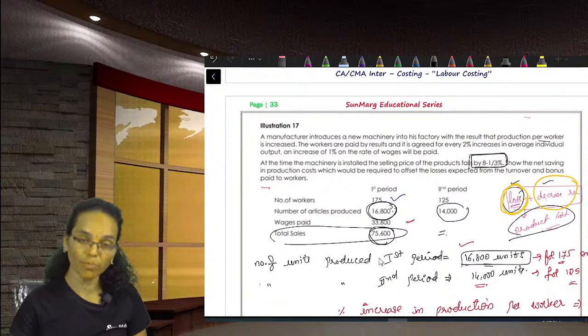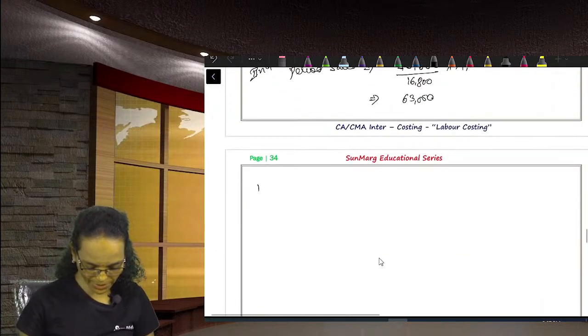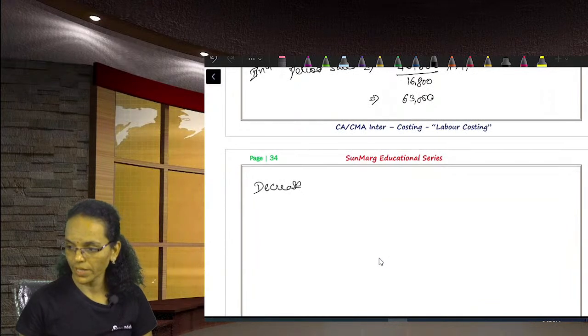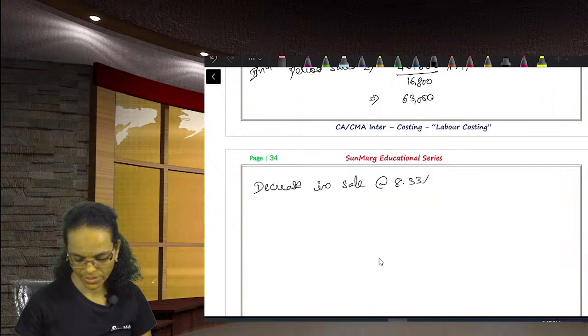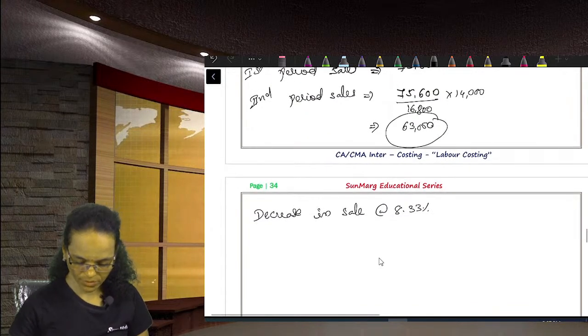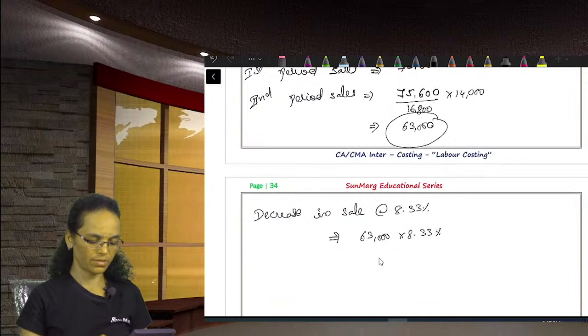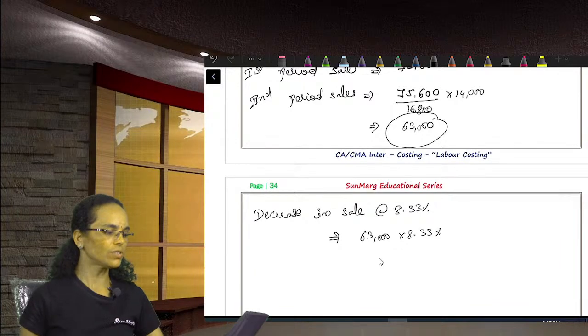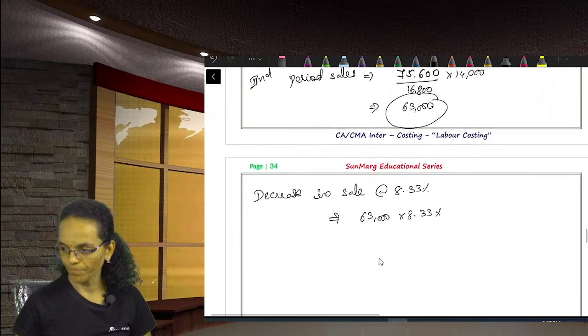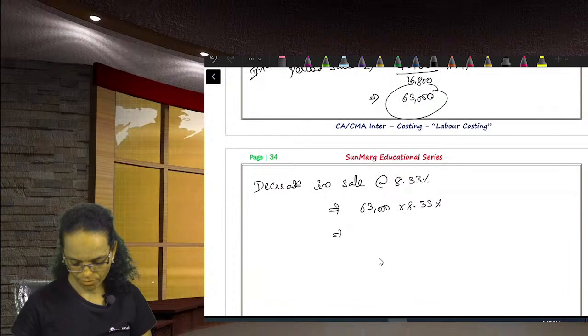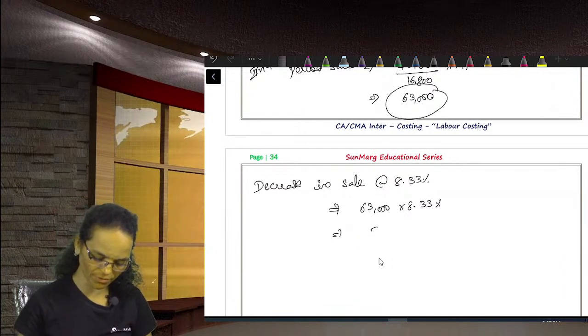So decrease in sales at 8.33 percentage on this: 63,000 into 8.33 percentage is 5,248, or else you can write the round figure 5,250 also.